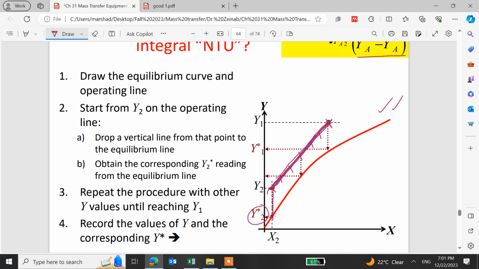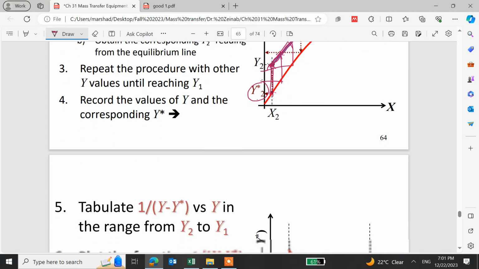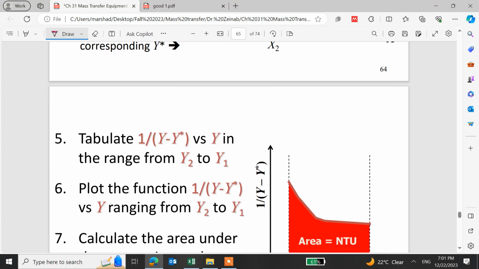Starting from y2, we go to y1. So get the y2 and y2 star, then we can take the next data point, any data point in this range, and read the y2 star next. So this is y again, read the y star, and so on.